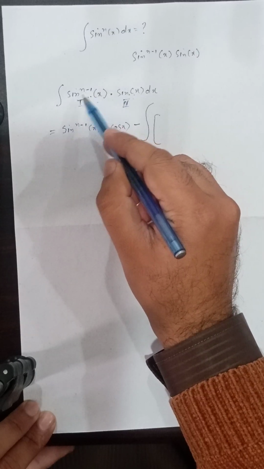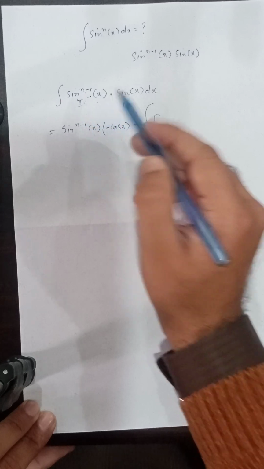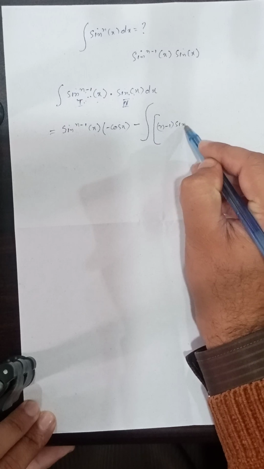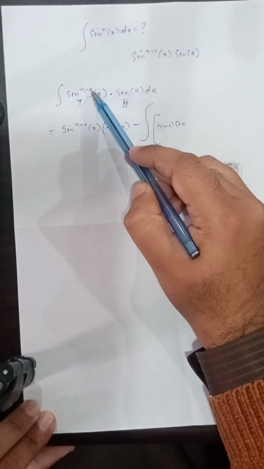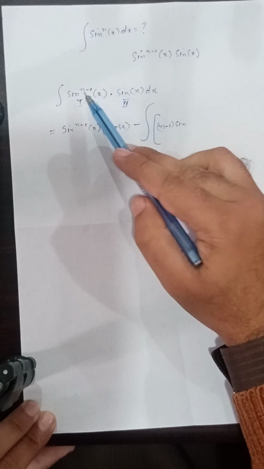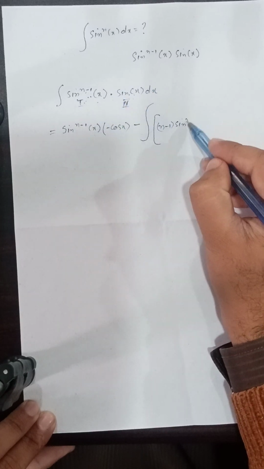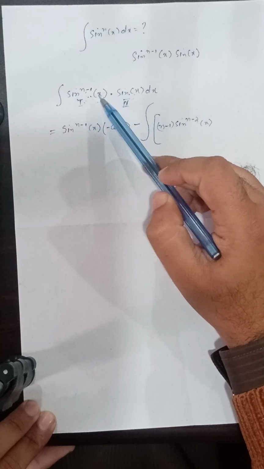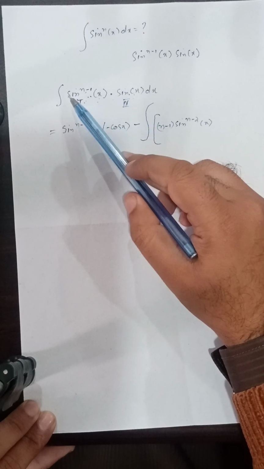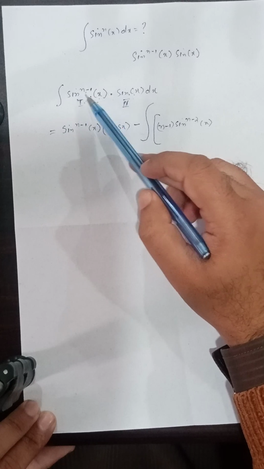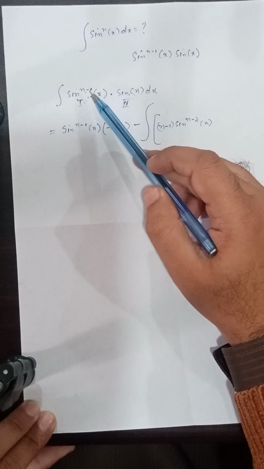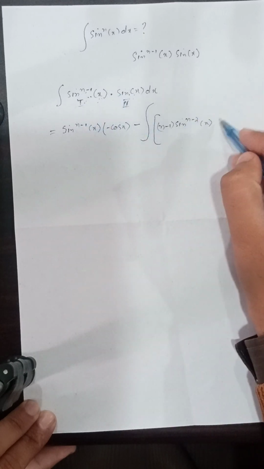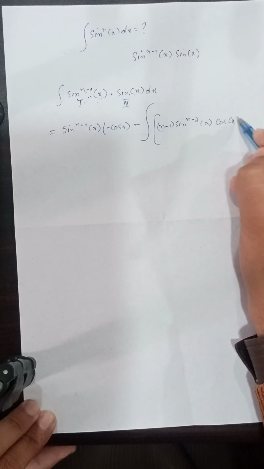The derivative of sine power n minus 1 of x is n minus 1 times sine power n minus 2 of x, as the power is decreased by 1, using the generalized power rule, and then we take the derivative of sine of x, which is cos of x.